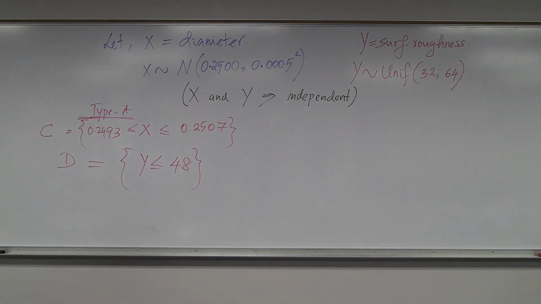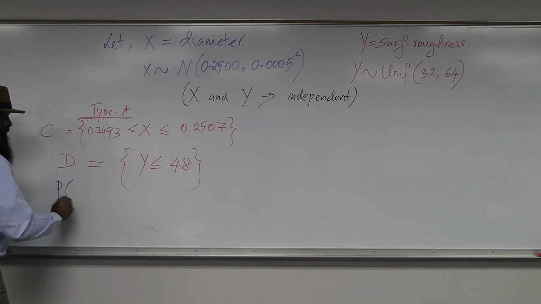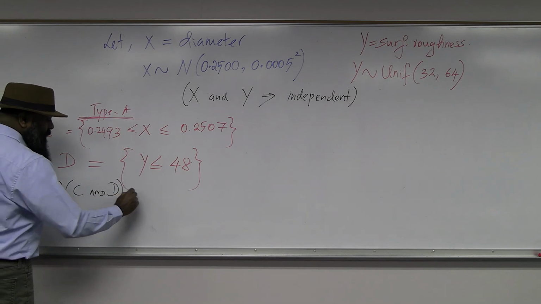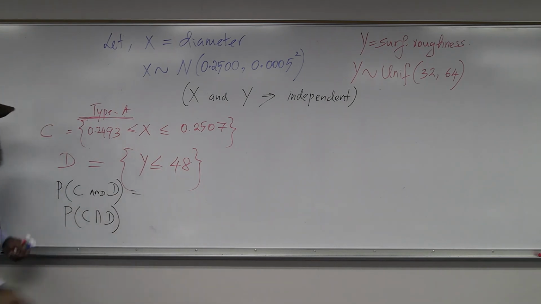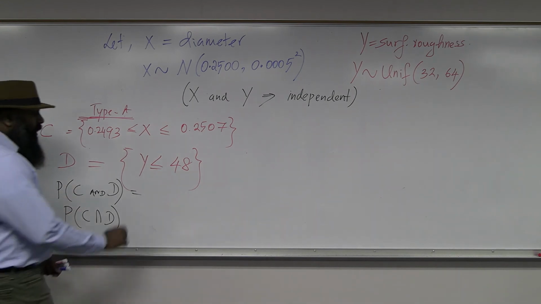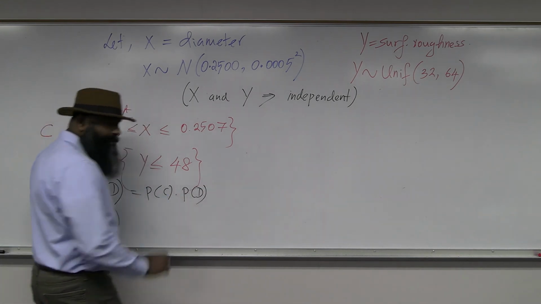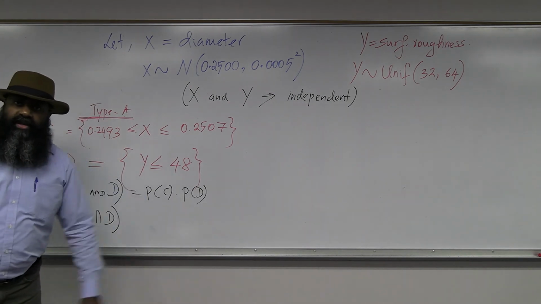Now I need to find the proportion that's classified as type A. That means basically I need to find probability of C and D. Or in other words, what I need is probability C intersection D. So this will be equal to probability of C times probability of D. So I need to find these two probabilities respectively.